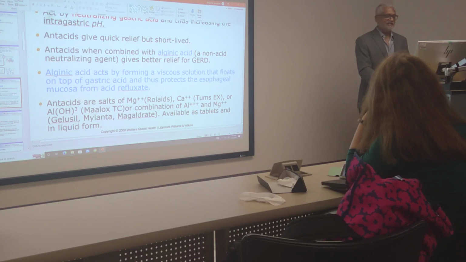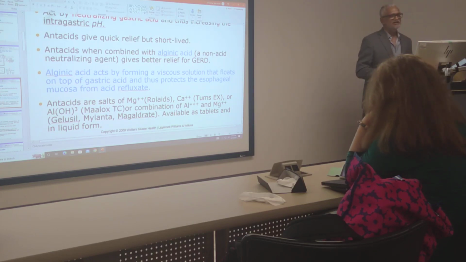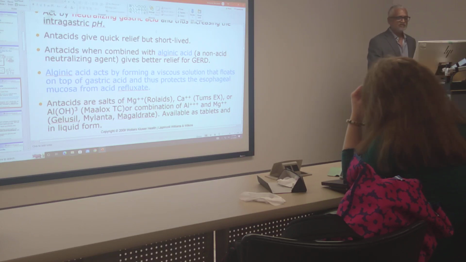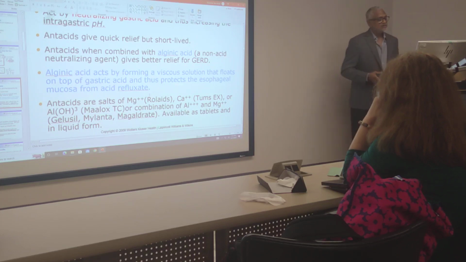The alginic acid prevents the formation of foam or frothing, so that it contains the neutralized acid and keeps it back in the stomach, not coming back to your throat. That is what alginic acid does in combination with antacid. By itself, it doesn't have any effect. Antacids are all sorts of these divalent cations.